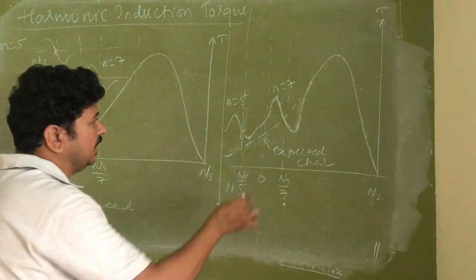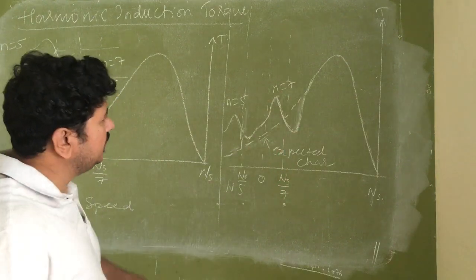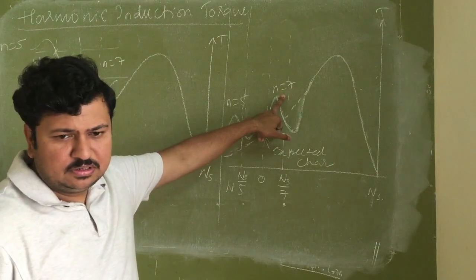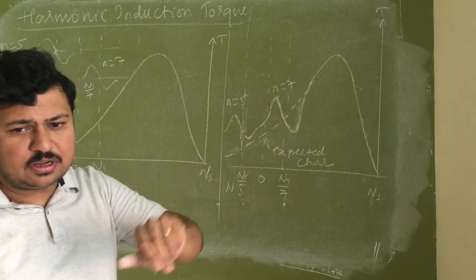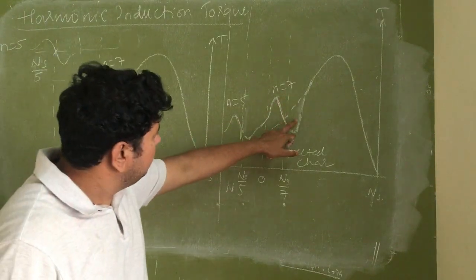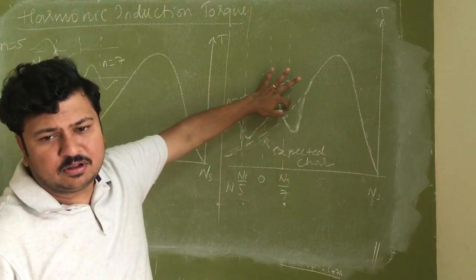Now, the expected torque is here. And the torque due to the seventh order harmonic content is very much less when compared to the expected load torque.